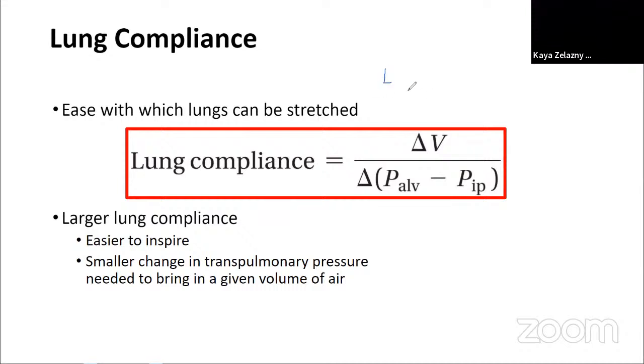I just find multiplication easier. So I'm going to reshape this to say that compliance times our difference in pressure. I'm not going to write out that whole equation. Compliance times a difference in pressure creates a difference in volume.